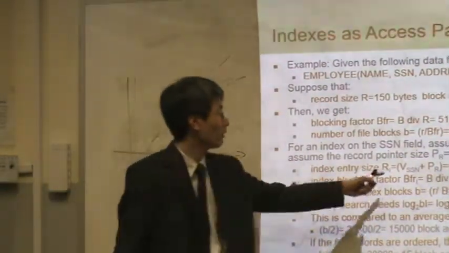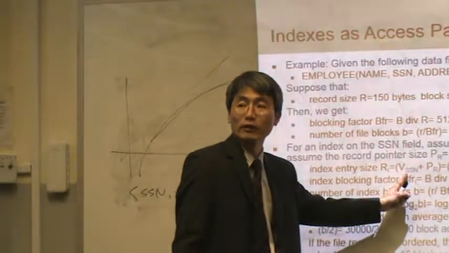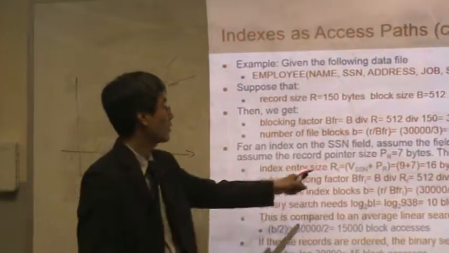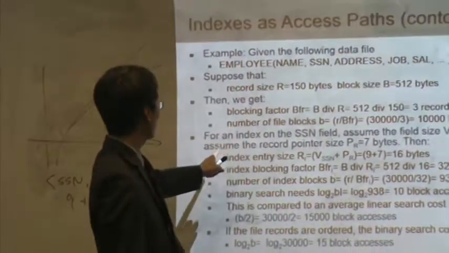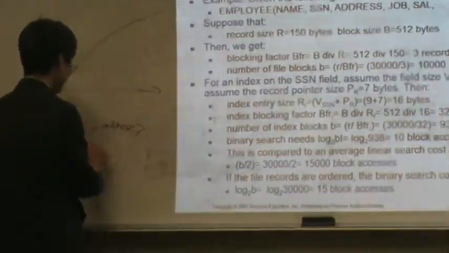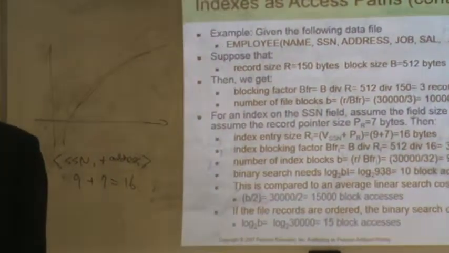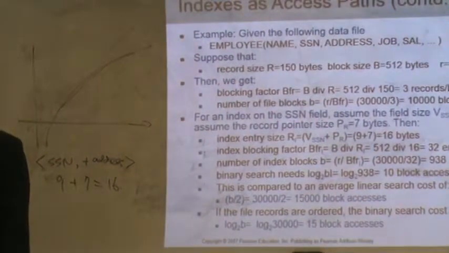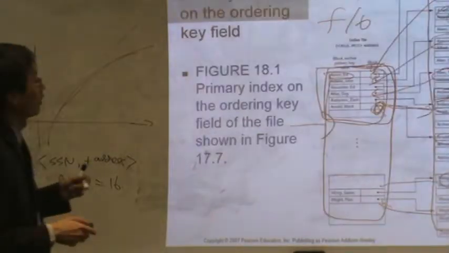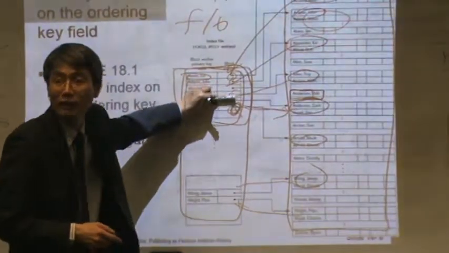What is the size of the social security number? 9 bytes. Plus the address pointer size, which is given as 7 bytes. So in total, how many bytes do we need for each index key entry? 16 bytes. So each row of the index is 16 bytes, 16 bytes, 16 bytes, something like that.